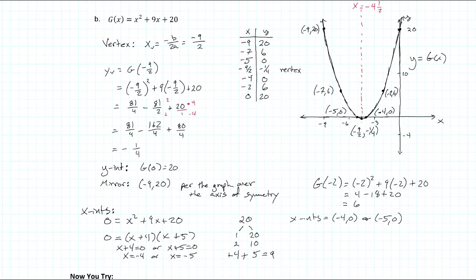All right, if we want to summarize this, I'm finding that vertex first, set up a table as you go. And that table is really just to organize the information that we're finding. We want to find the y-intercept and its mirror. So we'll say that's 2a and 2b.